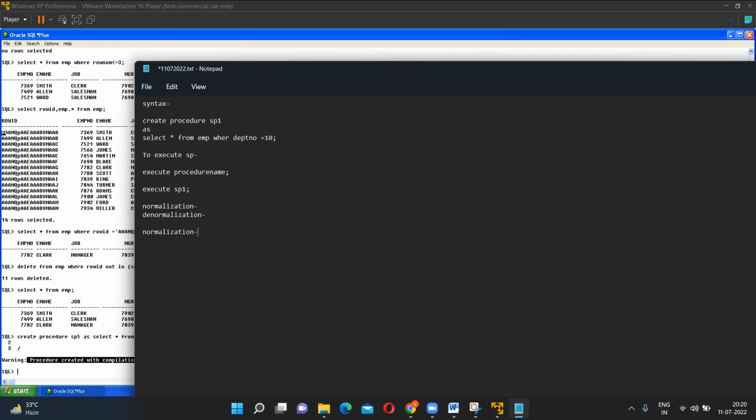Fine, guys. Normalization is splitting of a larger table into smaller tables. Did you understand this much? A bigger table we split into smaller tables, that is called normalization. And what is denormalization then?